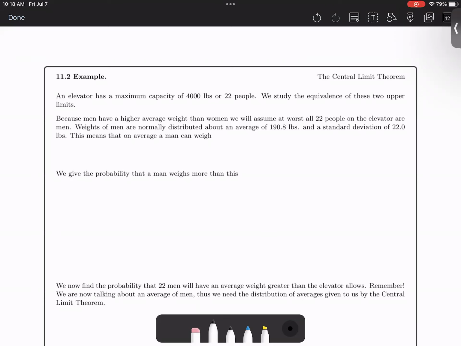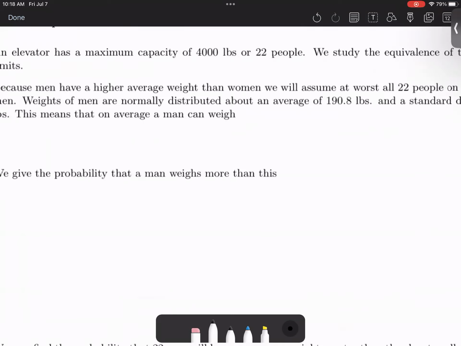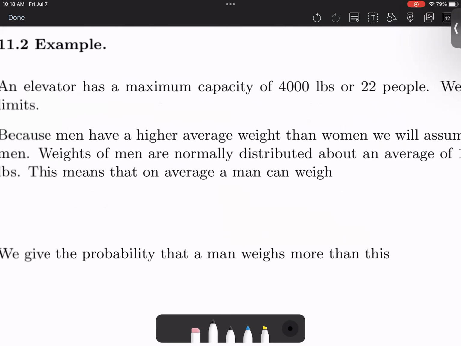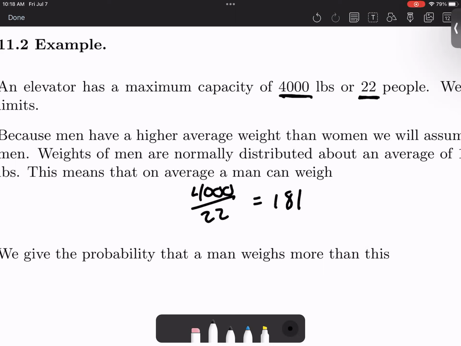So on average, how much can each man weigh? Well, we have 4,000 pounds, and at worst, we're assuming 22 people on the elevator are men. So 4,000 divided by the 22 men gives us an average weight of 181.82 pounds.